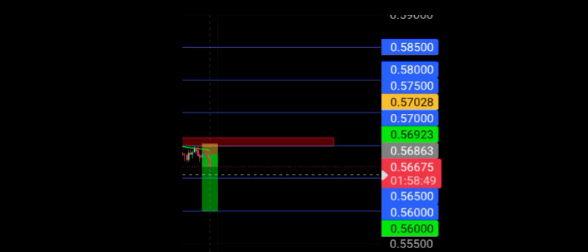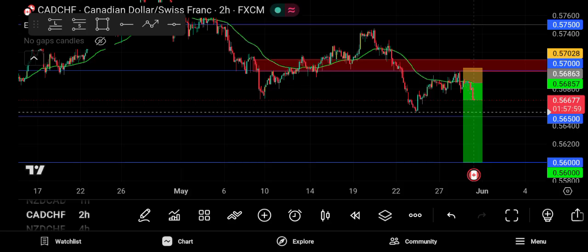Secondly is chart patterns. I use two basic chart pattern types, and I don't normally trade pennants, rising wedges, or falling wedges. I only trade double top, double bottom, head and shoulders, and inverse head and shoulders.